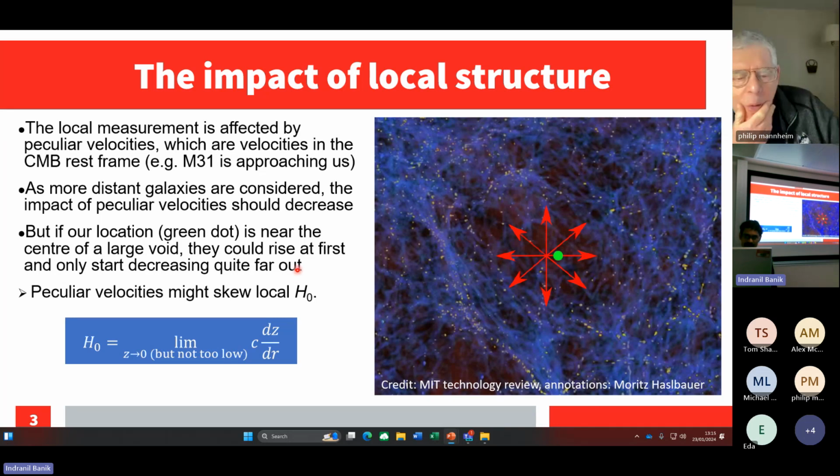So it's possible that you would get a large region in which the apparent Hubble constant is larger than the actual value of A dot, the actual expansion rate. So in short, peculiar velocities might skew the local expansion rate measurement.